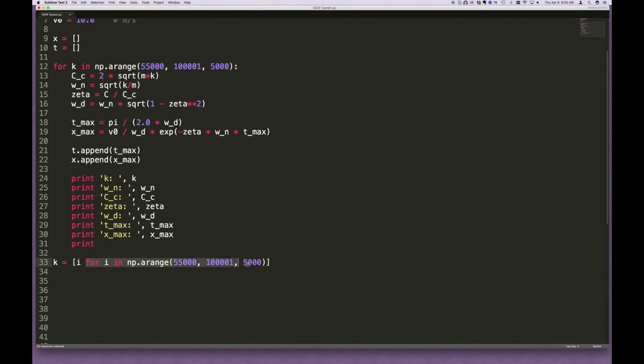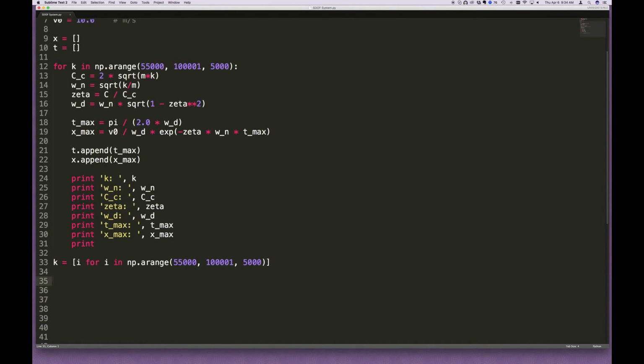By saying for i in this list, I'm saying I will go incrementally one by one through the list, and in each case k will equal the value of i. Okay, I don't want to have to explain more than that about Python, but fundamentally what I've done is I've taken all my k values, I've stored all my t values here and all my x values here, and now I just need to plot it.